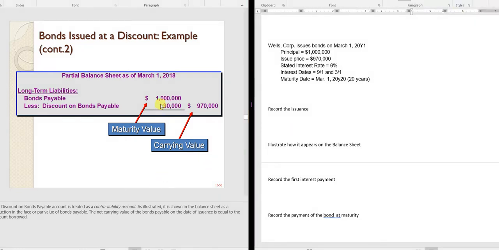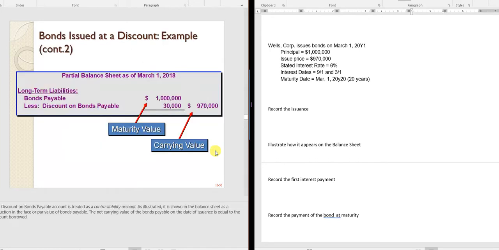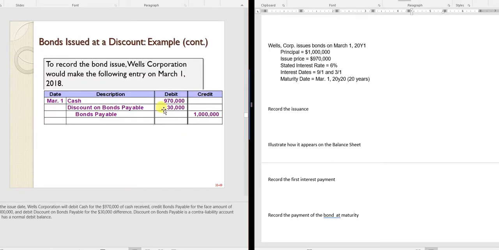And what happens is I amortize this discount. Okay, so I have a 20-year bond, but I'm paying interest twice a year. So 40 periods, so $30,000, that's the $30,000 discount, not the $30,000 interest. Okay, it's this thing right here. It's that $30,000.